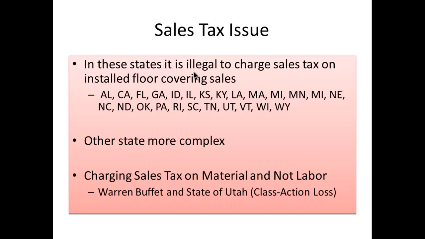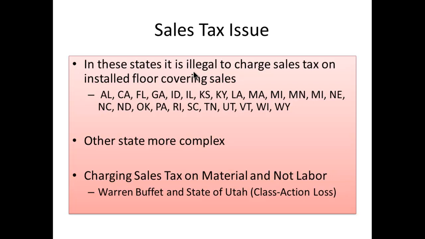And as I mentioned down on the third point, when charging sales tax on material, not labor, a lot of people in these states do that because they kind of have an idea of this law but aren't really sure about it. There's a real problem with this.